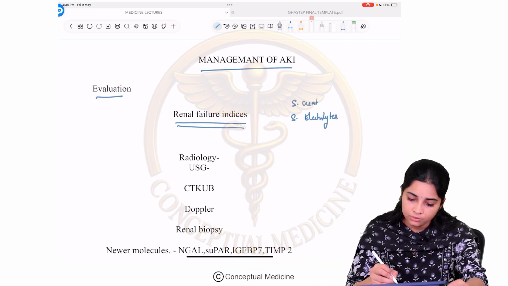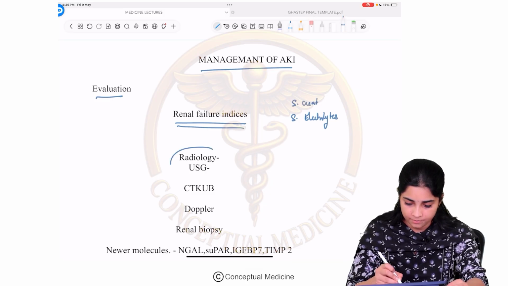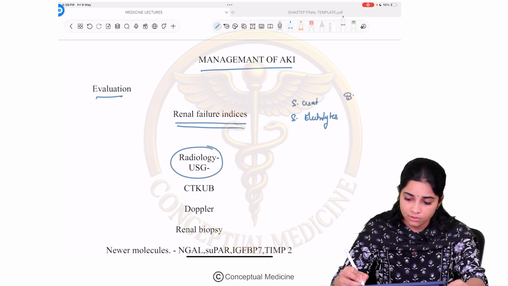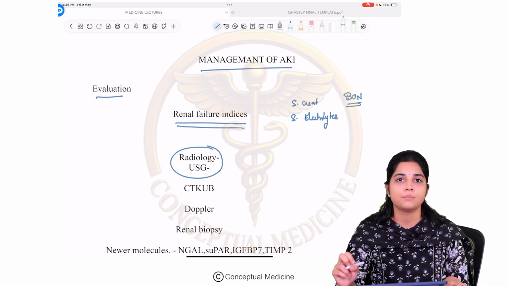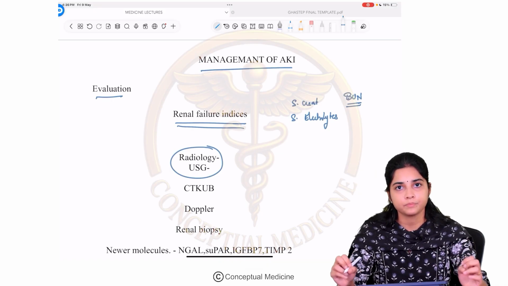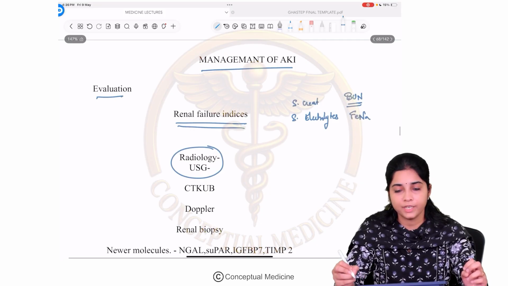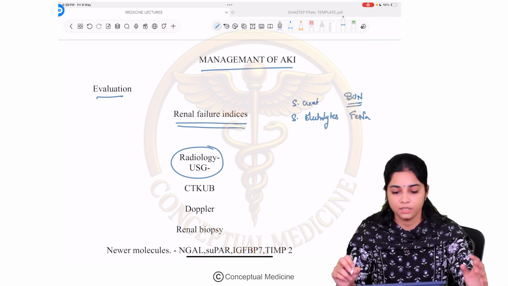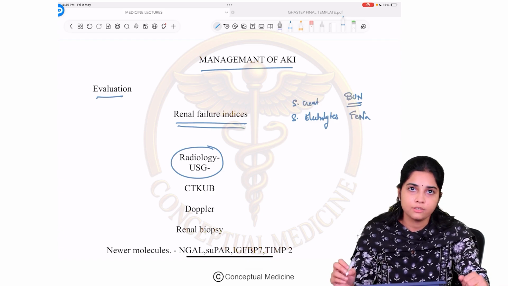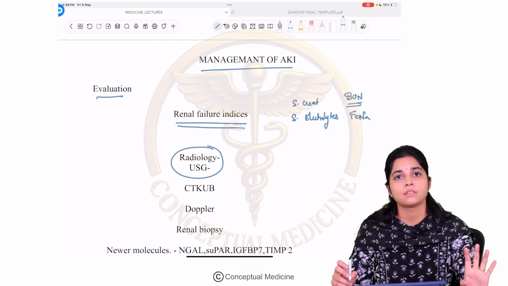Apart from that, you can do a radiological assessment. Apart from this, you also need your BUN. Don't forget your BUN, because you have to find out whether this is a prerenal or a renal AKI. You can also use a FeNa to differentiate whether this is your prerenal or your renal AKI. Then you go on to your radiology. What is the use of your ultrasound in AKI?